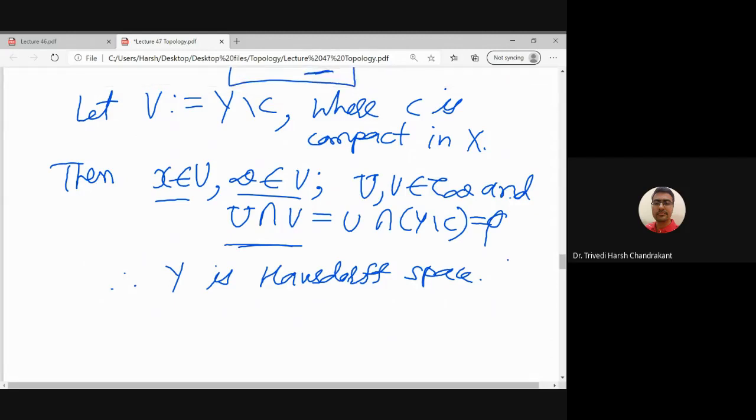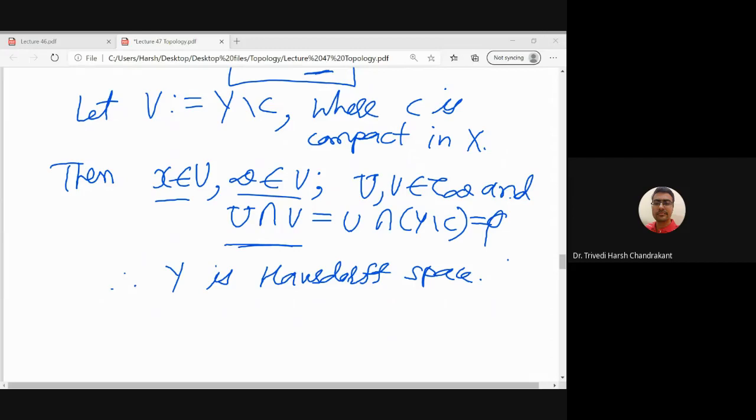So this proves the one point compactification. We can summarize that if I have a locally compact Hausdorff space X, and we add a point infinity to it, we construct a bigger set capital Y on which we define the topology tau infinity.